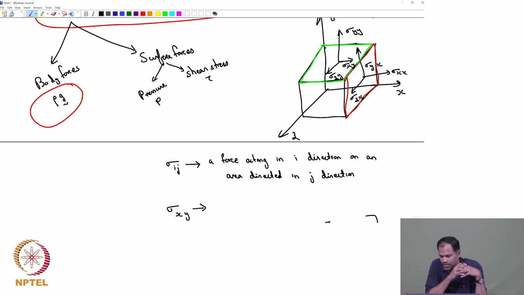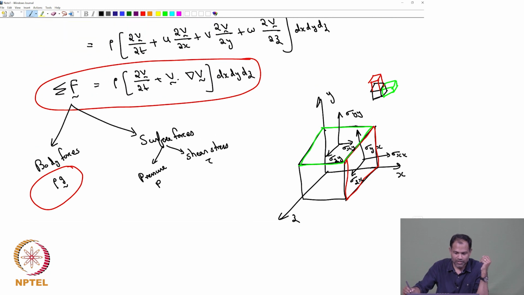So, these are the various components of this matrix, the stress that we are talking about. Now, what we really need is to write down how these stresses come as part of the force that we are talking about, because that is the expression that we are really looking for. In other words, we need to write down the stresses as forces. So, we have already done that in the context of an equilibrium system, a fluid which was not flowing, a static fluid, and there we found that the force is essentially written as the gradient of pressure.